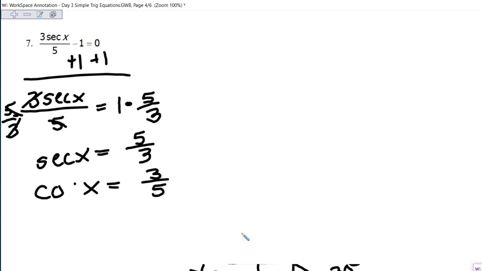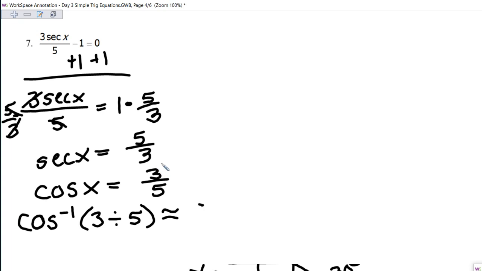Okay, so again, they gave us an arc cosine value, so make sure you did second cosine in the calculator. And what did you get? 0.927. Now let's figure out what the 0.927 means.